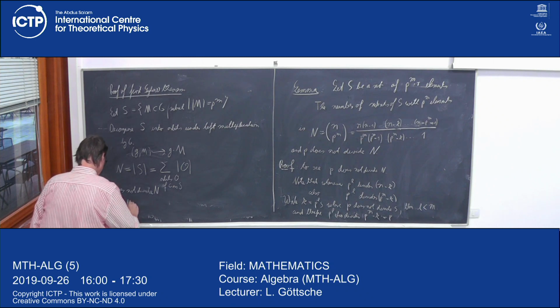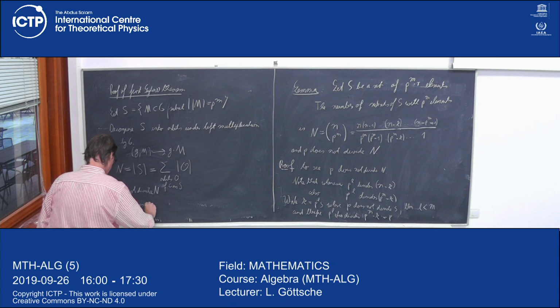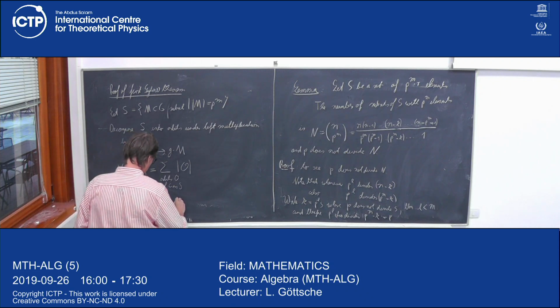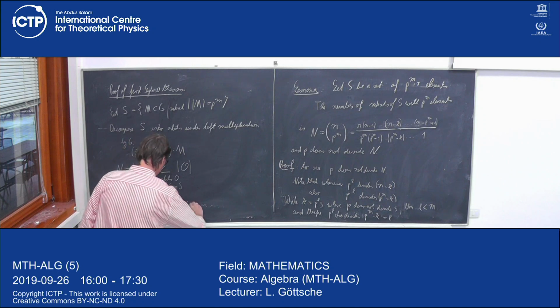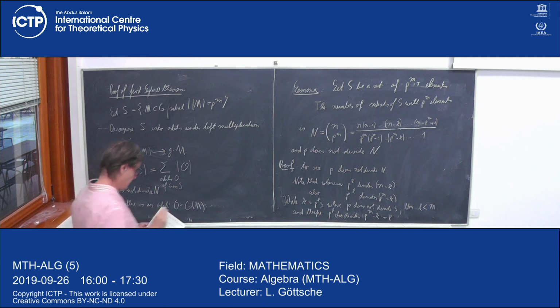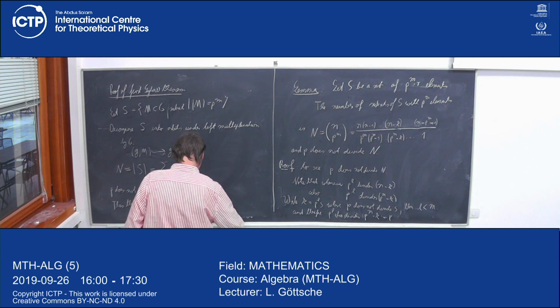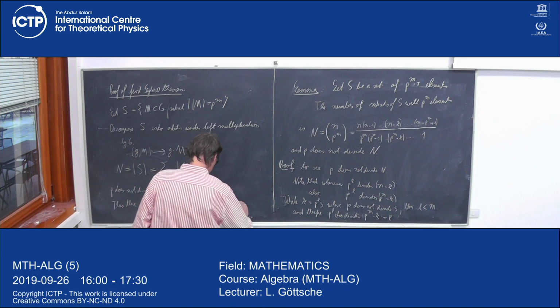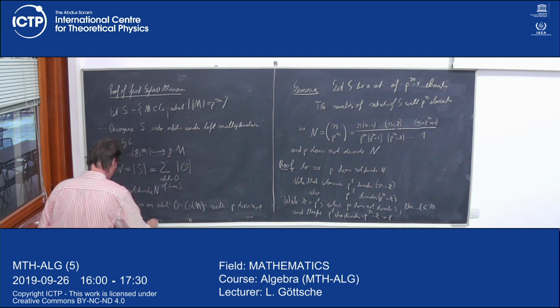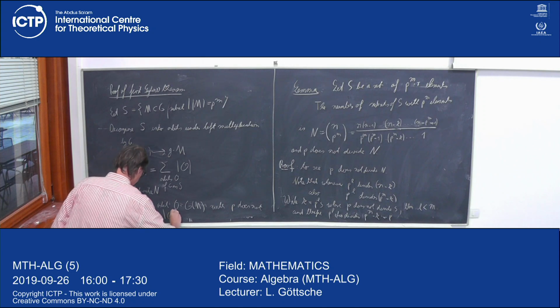There's an orbit, so called O equal to G of some subset M, such that p does not divide the number of elements in this orbit.